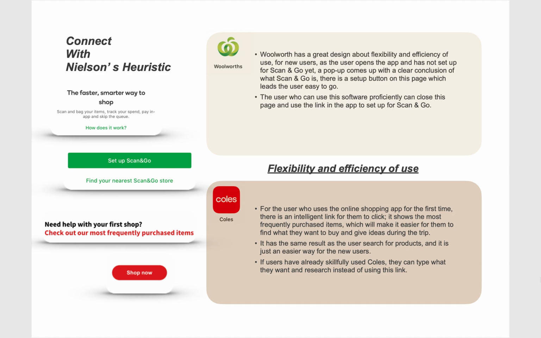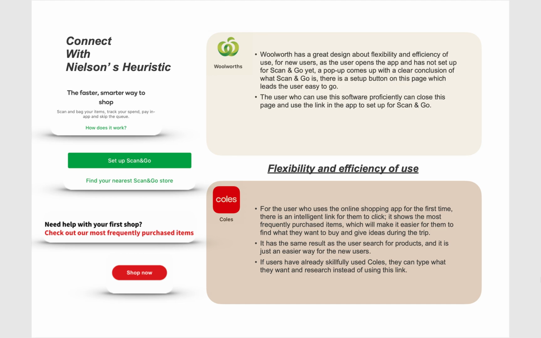And Woolworths did some great design through visibility of system status. As the user makes their action, they can see which step they are at and their current state. For new users, the visibility of system status may determine whether they will use the software in the future.